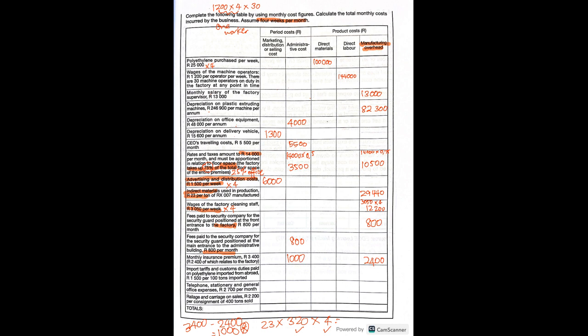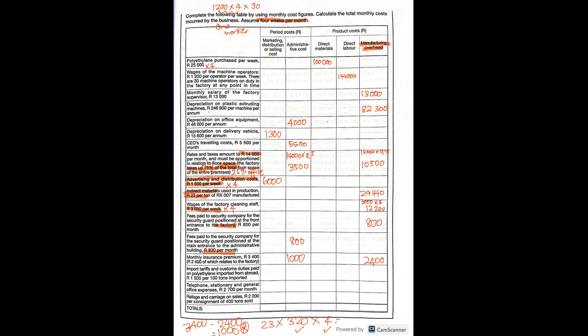Then the next one said that import tariffs and custom duties are paid on the polyethylene imported from abroad. 1,500 rand per ton received, per 100 tons imported. Here, the first thing we need to do is identify that the import tariffs and custom duties are paid on the polyethylene that is imported.